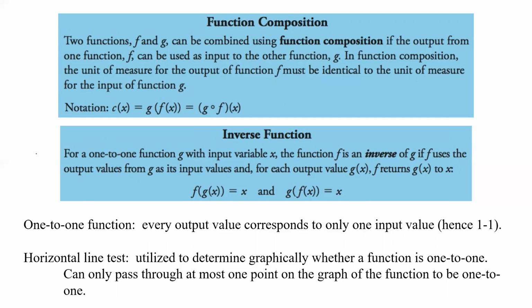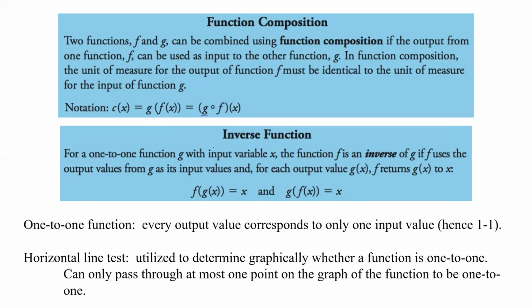We're going to say c of x, our composition function, is going to be g of f of x. What we're doing is plugging the output of f of x into the input for g, and we get out our composition function c of x. It's written g of f of x.